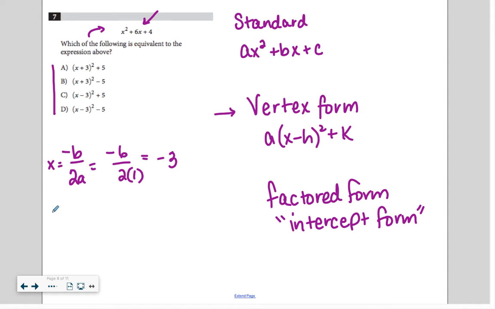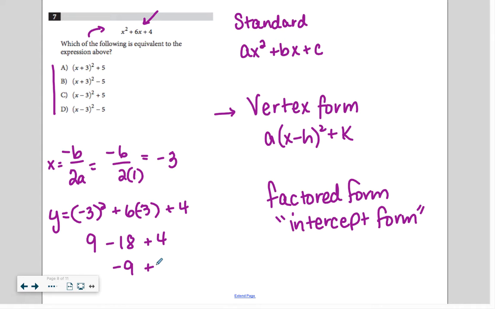To find the y coordinate, you plug in the x. So that would be (-3) squared plus 6(-3) plus 4, notice when I plug things in, I'm putting them in parentheses. That would give me 9 minus 18 plus 4. That would give me negative 9 plus 4, which is negative 5. So I know that my vertex is negative 3, negative 5.